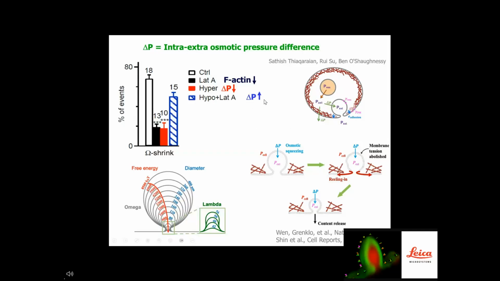Now, if we increase the delta P, the driving force, this should rescue the inhibition by latrunculin, and indeed we see this rescue of the shrink fusions. So we apply a hypotonic solution in the presence of latrunculin, and we see much larger shrink fusions.